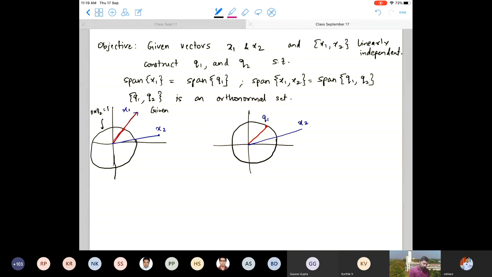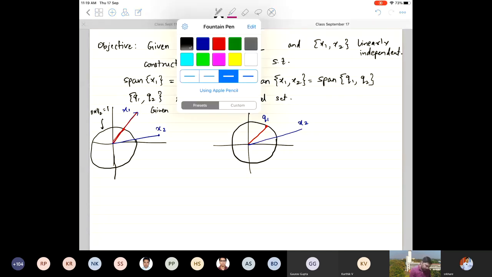So I project this x2 onto this x1 and this is what I get. And once I get it, I will subtract that projection from x2. So geometrically, what is the vector that I am getting? The geometry is saying that the vector that I will get is this vector.